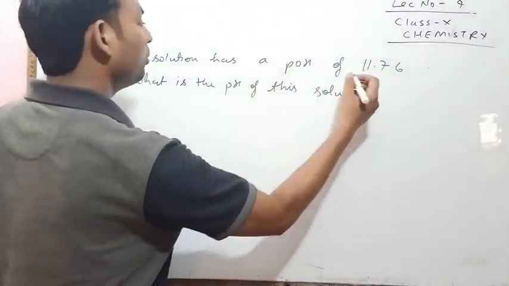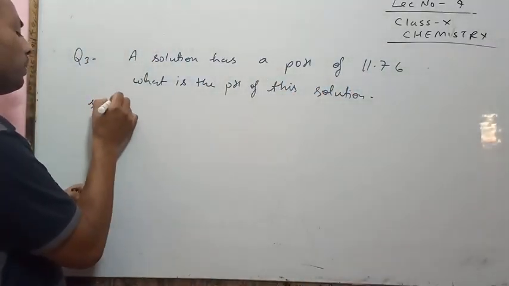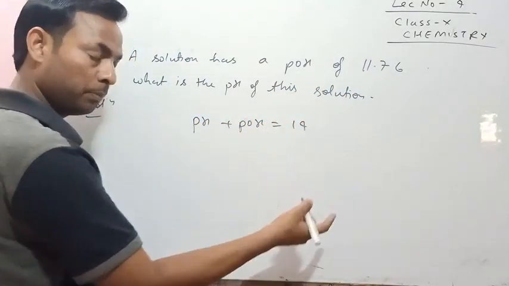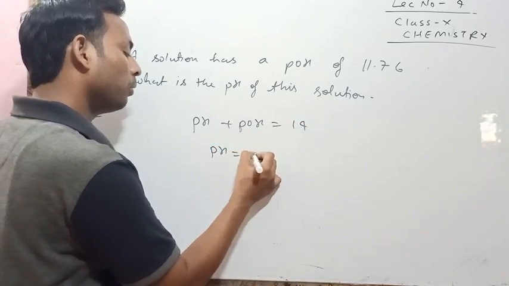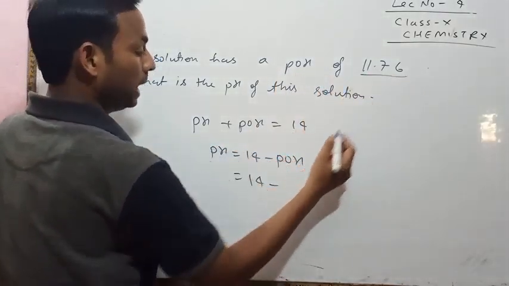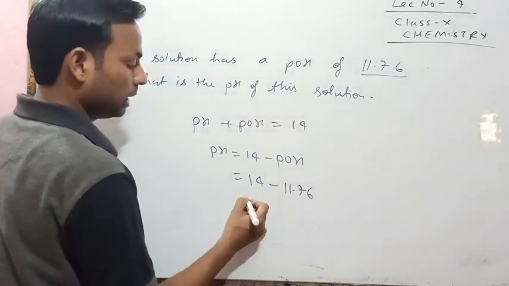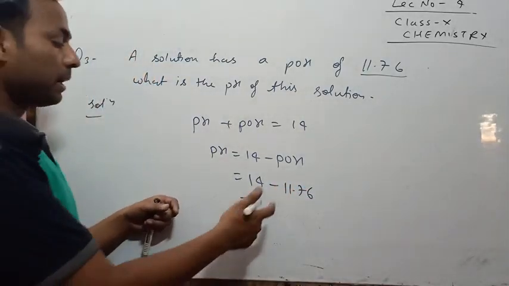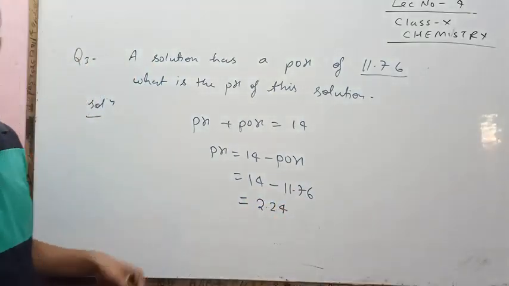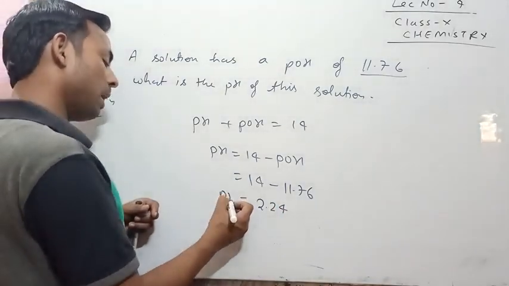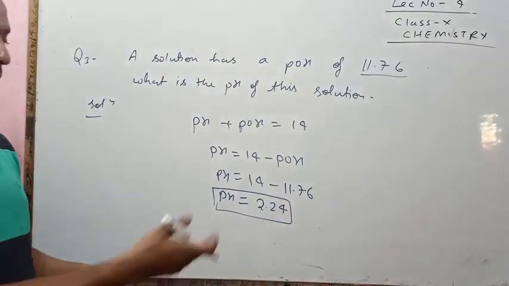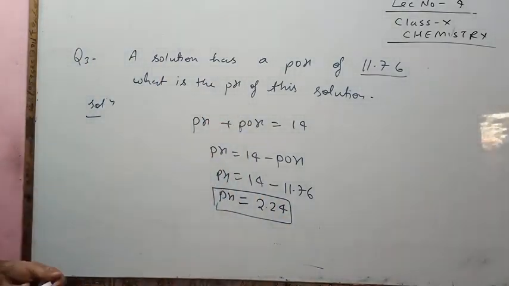So already the pOH value is given. So it is very simple. Now pH plus pOH, this is the relation between the pH and pOH. So pH equals 14 minus pOH. So 14 minus pOH value, given 11.76. Subtract this value, its value will be 2.24. This is the value of pH. Please note down. Take a screenshot.